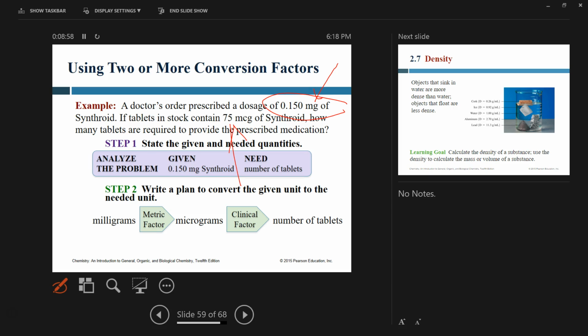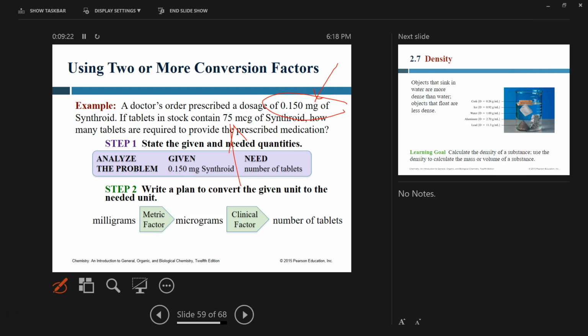First, you need to convert 75 micrograms into the corresponding number of milligrams. And then, when you know how many milligrams are in 1 pill, you can figure out how many pills you need. Does that make sense?